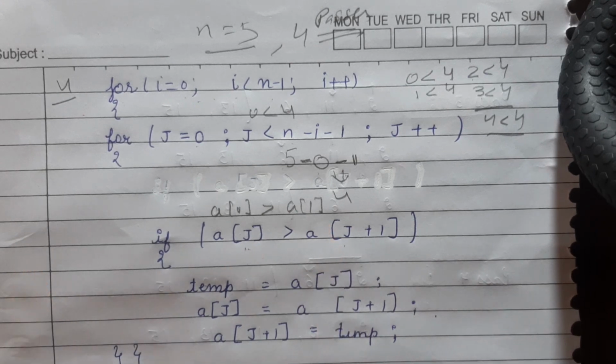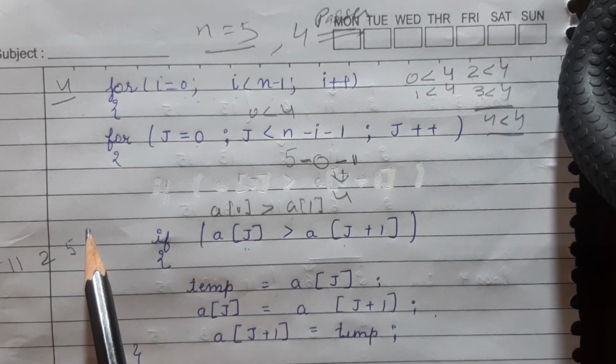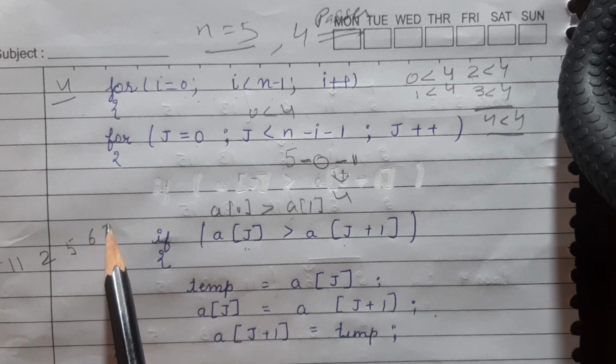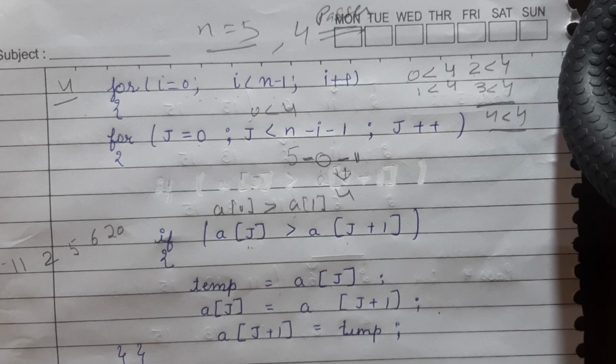Suppose you enter the values: first value is 11, second value is 2, third value is 5, then we have another element 6, then 20. Suppose we have these elements. So if a[0] is greater than a[1], 11 is greater than 2, yes, condition true. So control goes inside the if condition.